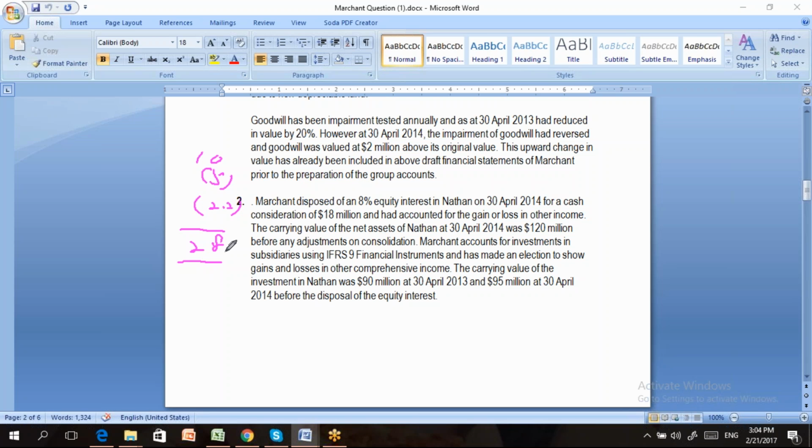Now, again, if you go back to your own consolidated P&L, I'm going to start with the top figure. Revenue 538, cost of sales 383. Can you check whether all those figures are there with you?